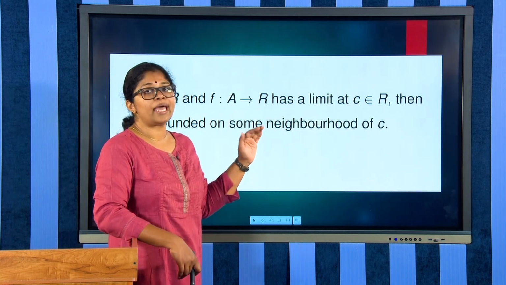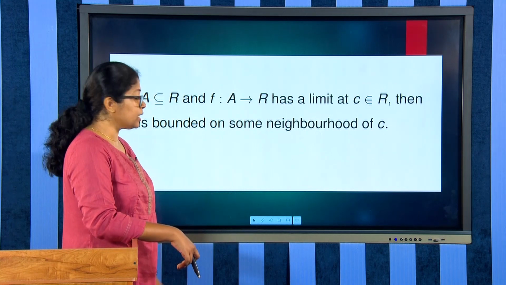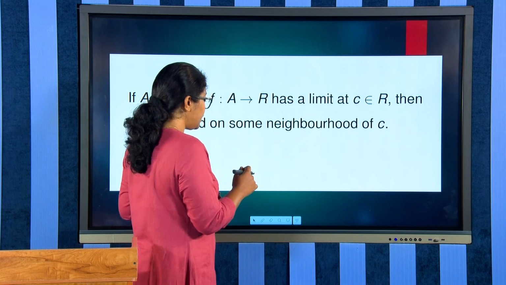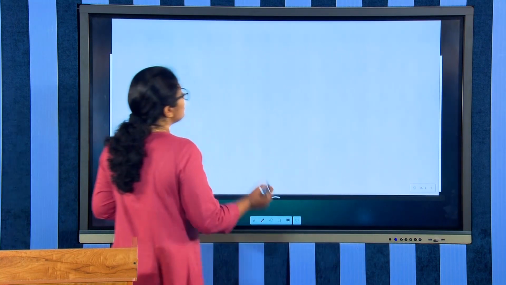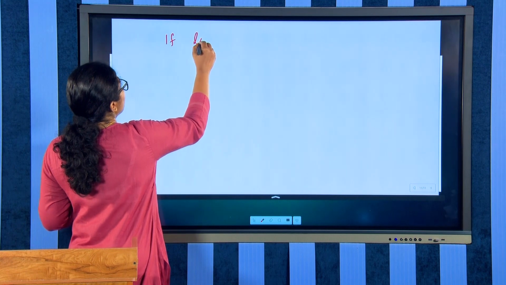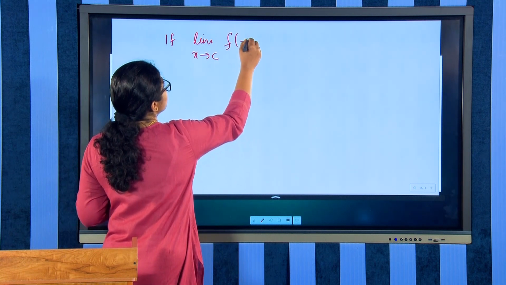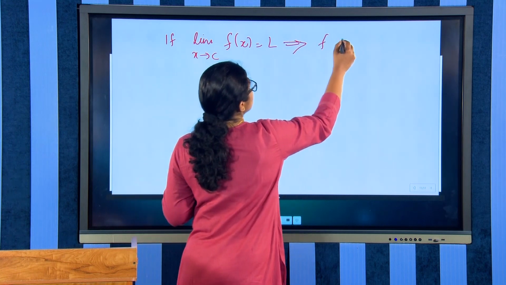This is analogous to a previous result that we discussed in the sequences chapter, convergence implies boundedness. So the proof is a similar one. We are going to show that if limit x approaching c f of x is equal to L, this should imply f is bounded.